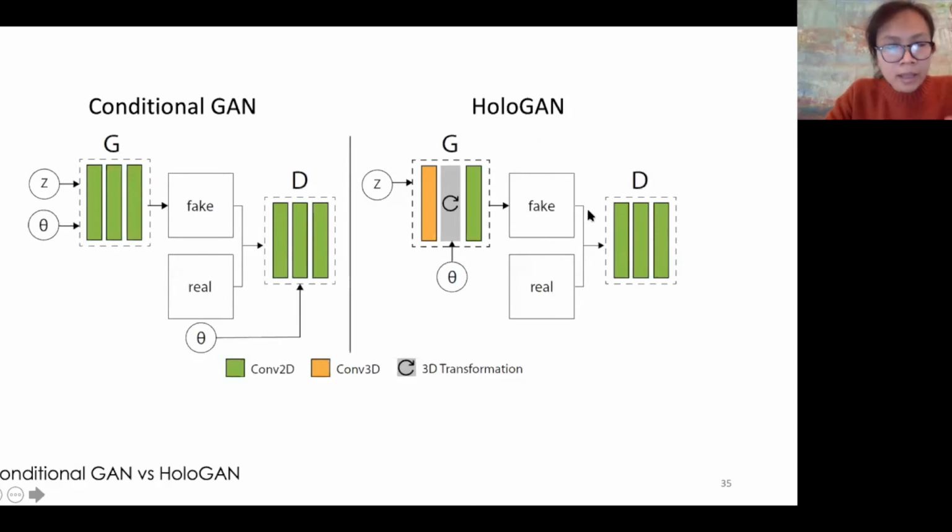While for Polygon, the generator also takes in some noise and some pose beta. But as far as the discriminator goes, it only sees real or fake images. So this is when this method becomes unsupervised, because during training, we basically only need a bunch of images of objects without any pose. We don't use any multi-view geometry, basically just a collection of images from the internet.